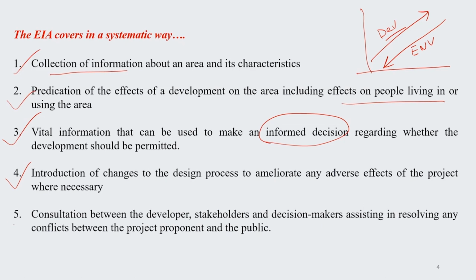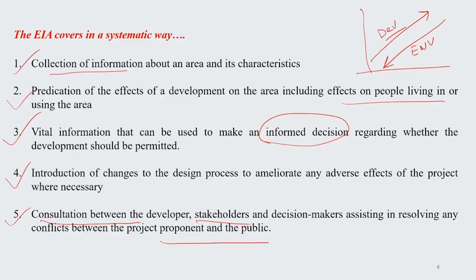So, as I said, it helps as a kind of early warning. EIA also promotes and facilitates consultation between the developer, various stakeholders, decision makers, and the users for whom everything is actually being done, in resolving any kind of conflict between the project proponent and the public.